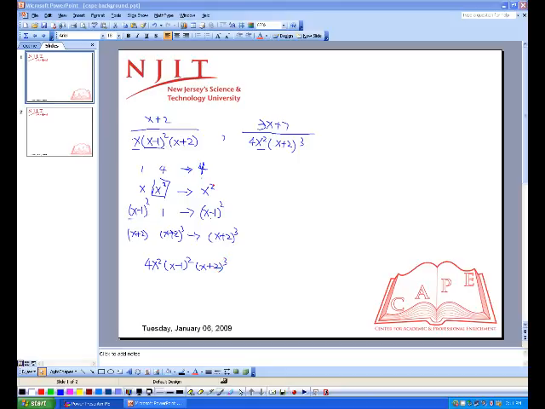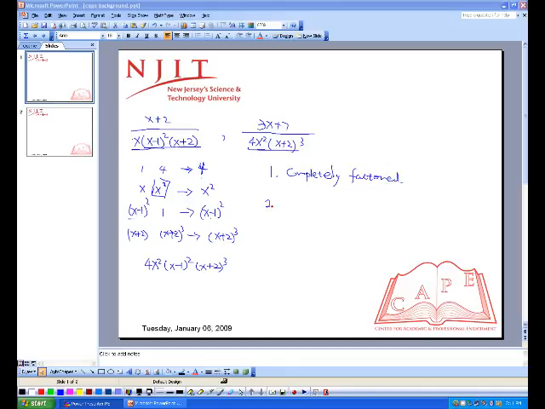So let's review that. The first step is to make sure the denominators are completely factored.